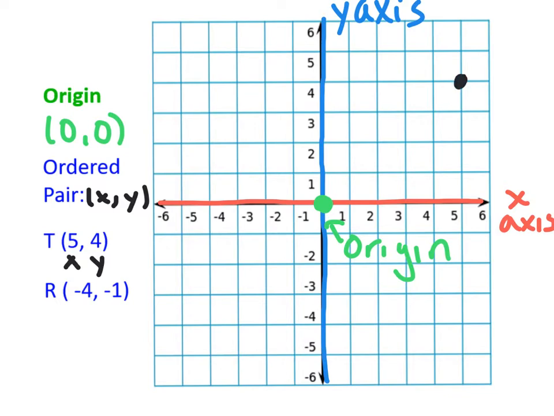And this gives me the location of my point, which I'm going to label as T. I'll do the same thing for R. So R tells me I'm going to go to -4 on the x-axis and -1 on the y-axis. Move back to -4 and down to -1. So this is my point R.